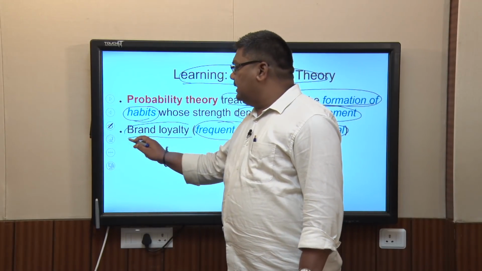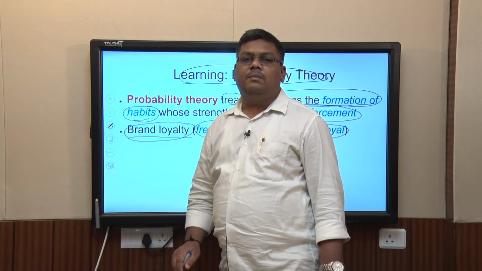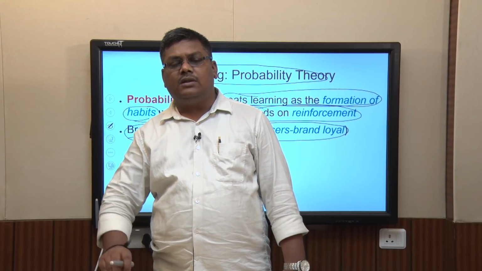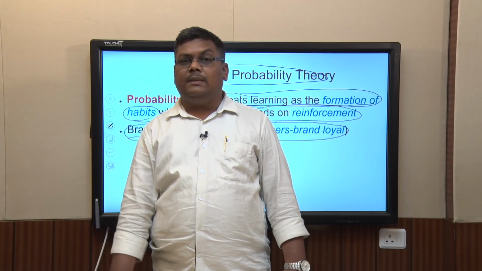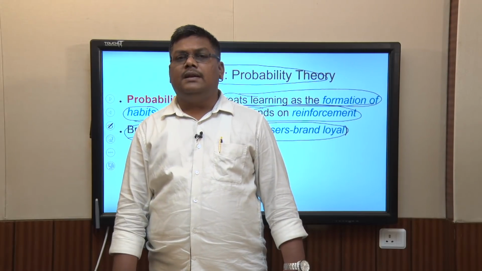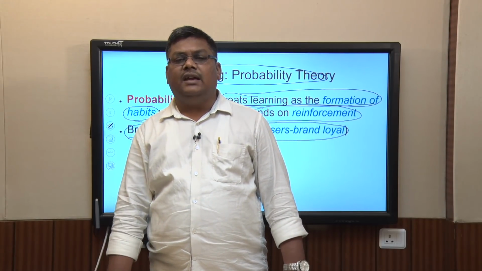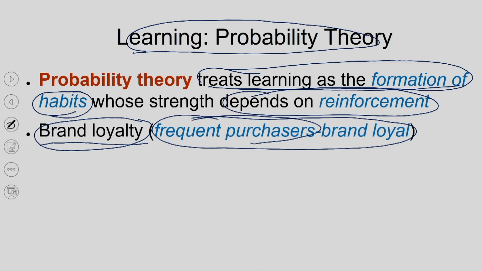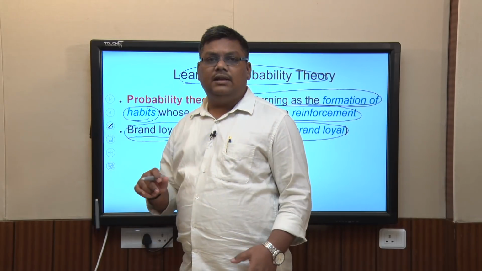So, brand loyalty is the development or formation of habit, and this happens because each time you buy the product that you have been using, the probability of your need being satisfied increases, and so people who make frequent purchases of a particular brand become more and more brand loyal. So, brand loyalty is an output of the probabilistic theory of learning. The more you buy, the higher the probability of satisfaction, and the higher brand loyalty is.